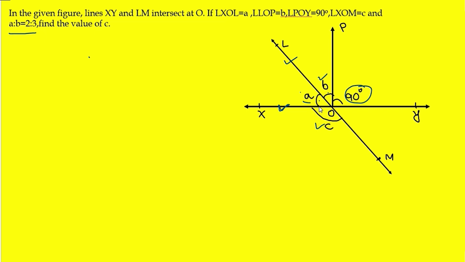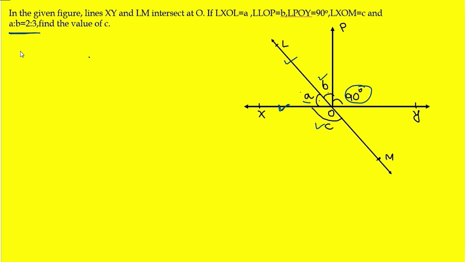So find the value of C. Okay, so here if you see, the only concrete measurement of angle given is angle POY, that is 90 degree, and the rest of the hints are not given to us. So we are to use A is to B equals 2:3 as a weapon.